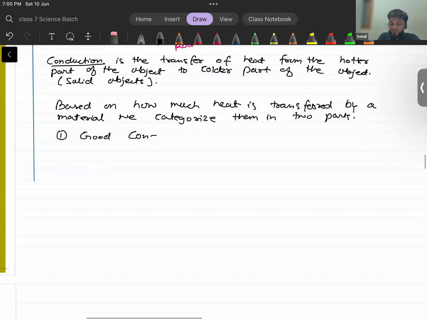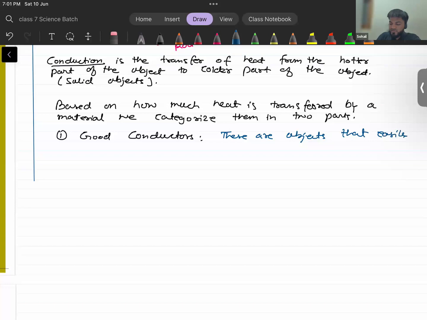What are some examples of good conductors? Sir, metal. Yeah. So these are objects that easily allow heat to pass through them. Can you name some of the metals which allow heat to pass easily? Sir, iron.